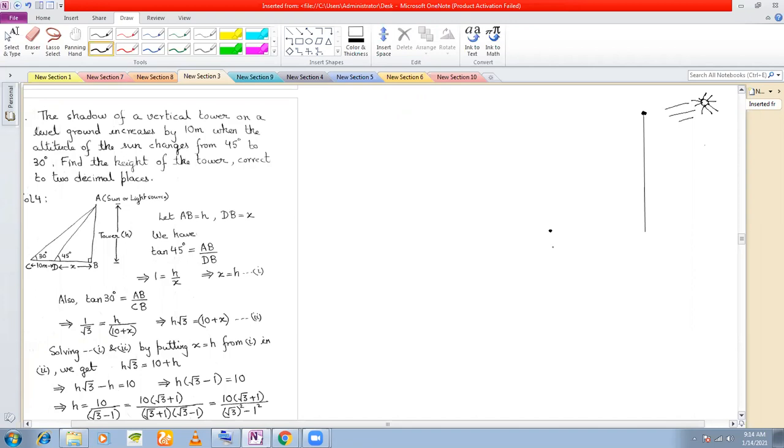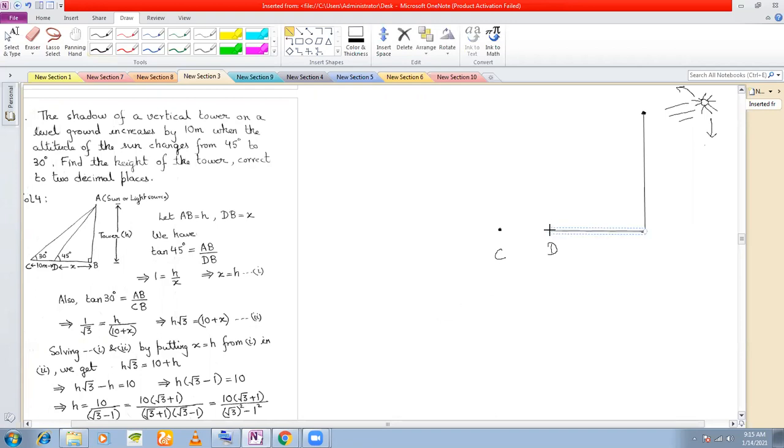So let's say that the initial shadow here is falling at D. Now what happens? The sun either rises or sets. Okay. So now what happens in the horizon? Suppose the sun is going up, or even if it is going down, does not matter. Now this shadow that is falling becomes a little longer. Say the new shadow length is this. So initially the length of the shadow was BD, okay.